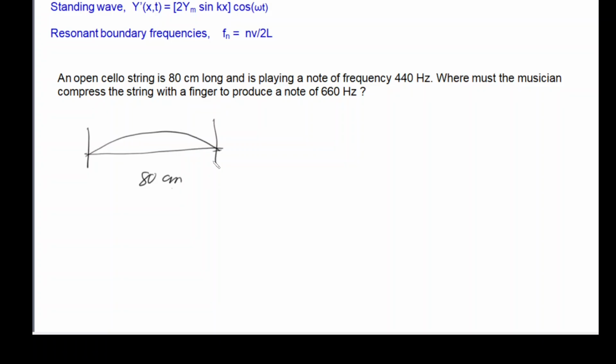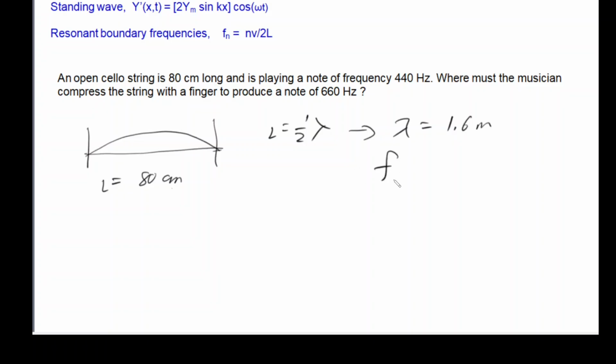Now this is the fundamental frequency, which as you can see is half a wavelength. So if L is 80 centimeters, L is equal to 1/2 a wavelength, which means that our wavelength is actually equal to 1.6 meters long.